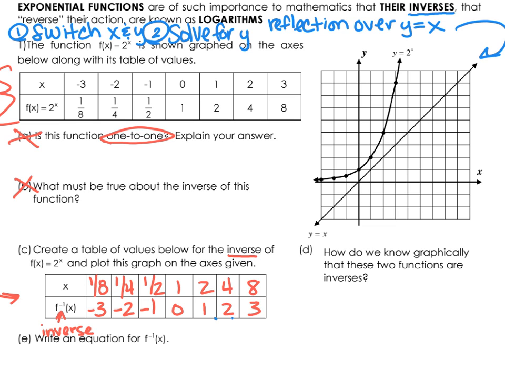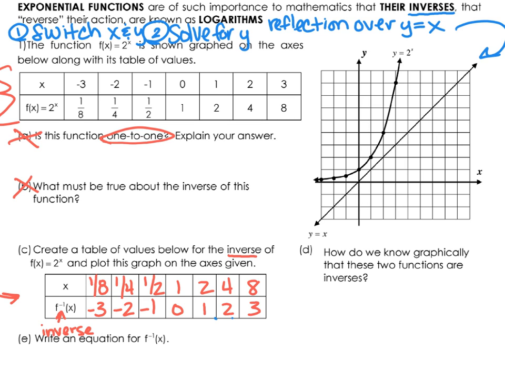Part D says, how do we know graphically that these two functions are inverses? Well, we didn't graph it yet, so we're going to have to go ahead and graph it. So if we graph 1/8, -3, 1, 2, 3. I don't like how I put that point so close to my y-axis.